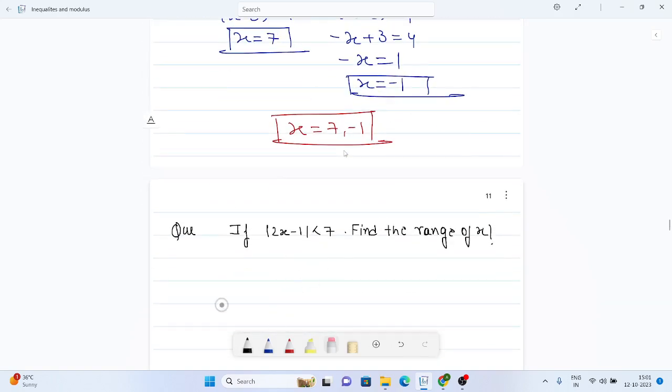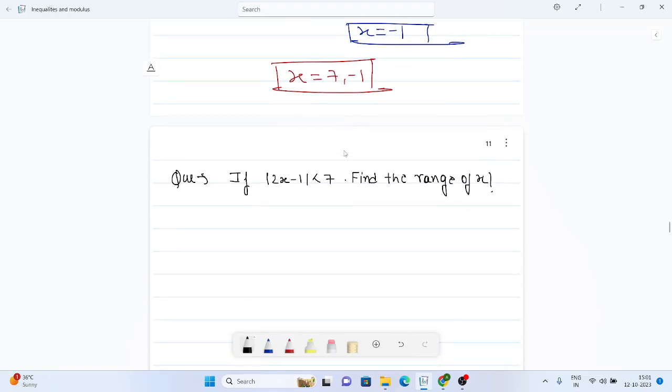Okay, so next is modulus with inequality. If mod 2x minus 1 is less than 7, then find the range of x. So again what we have to do, I replace this sign by plus minus. So I'll write plus minus 2x minus 1 is less than 7, right?